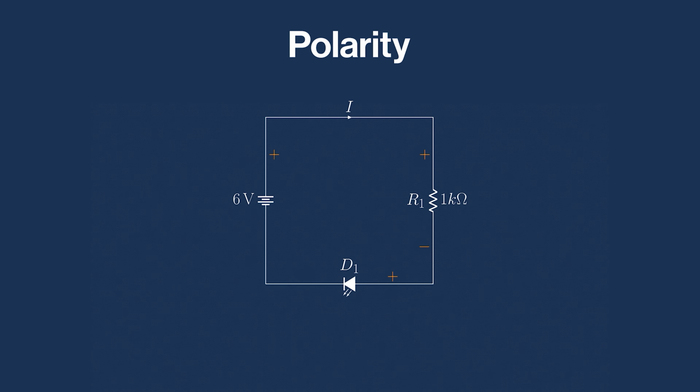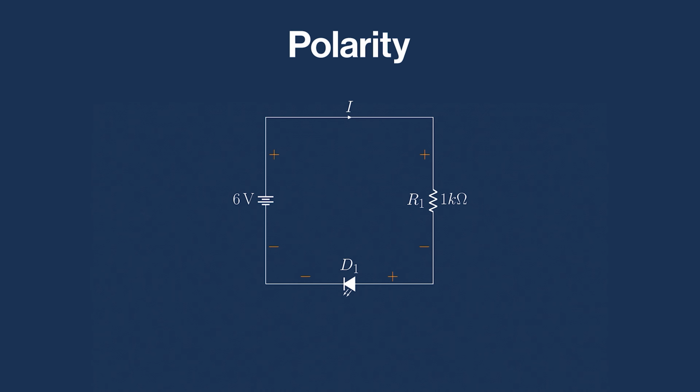Now, let's talk about polarity in the LED. The anode, or the long leg, connects to the higher voltage side. The cathode, or the short leg, connects to the lower voltage or ground. If you flip the LED backwards, it won't light up, because it only allows current to flow one way. And finally, we reach the negative terminal of our battery.